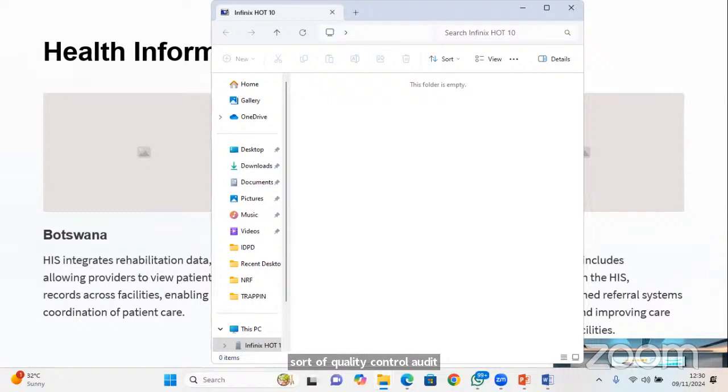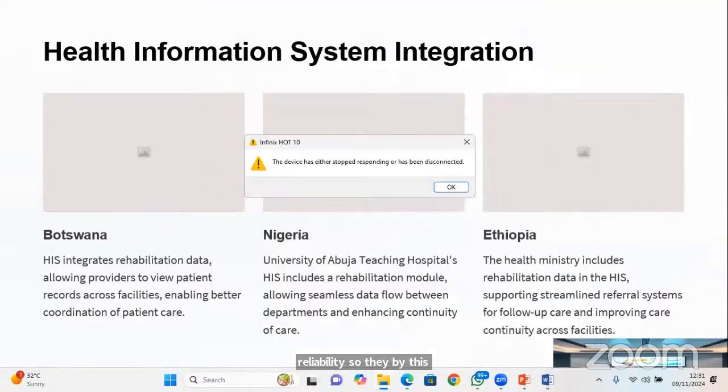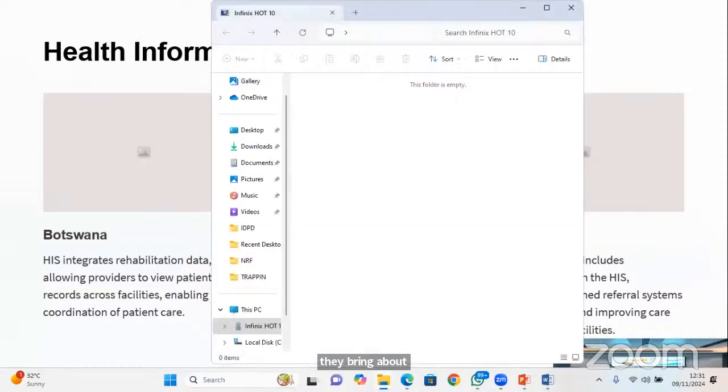This resulted in an accuracy improvement of their data. It reduces discrepancies in patient records, and it improves clinical decision-making reliability. So by this, they bring about very reliable clinical decision-making.